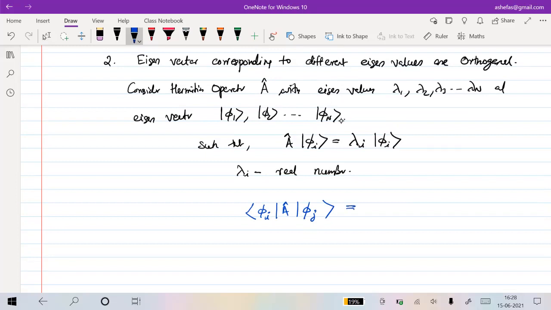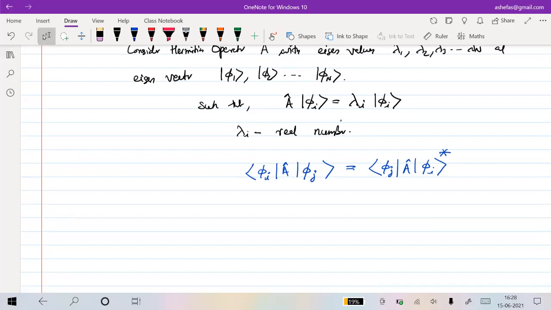According to the property of a Hermitian operator, this would also be the same as the inner product phi j, A phi I complex conjugate. It's a very simple thing. I've just interchanged the bra and ket vectors. I have to take the complex conjugate, and there is no need to put a dagger here. The reason is A is Hermitian. A dagger is the same as A.